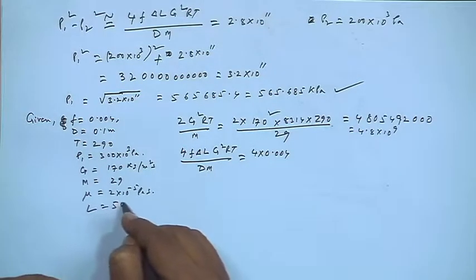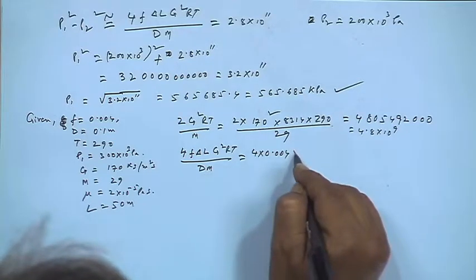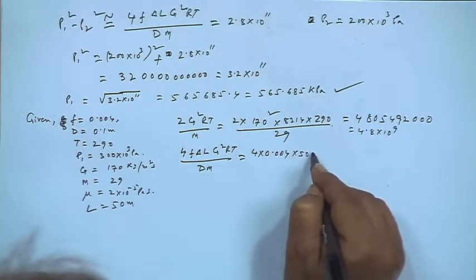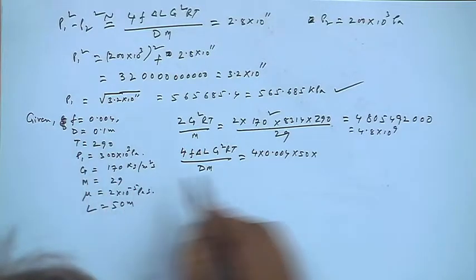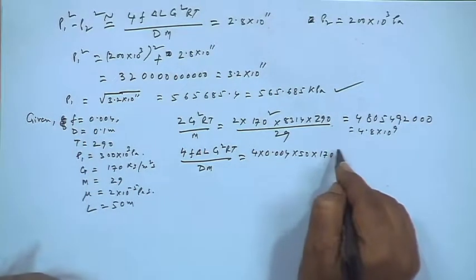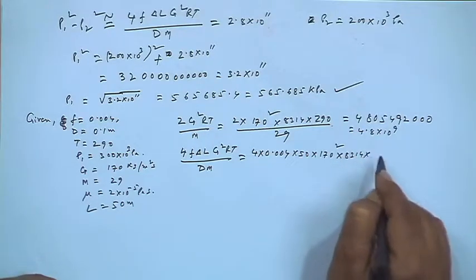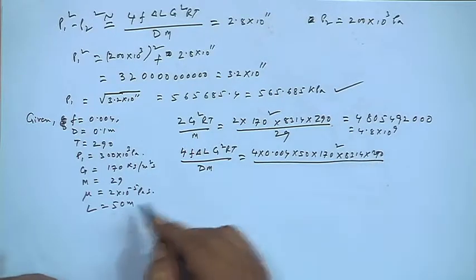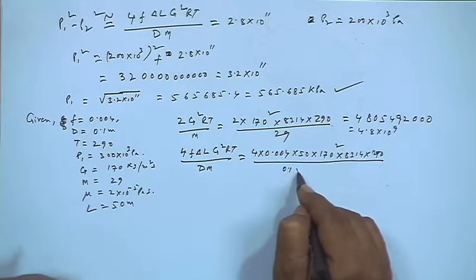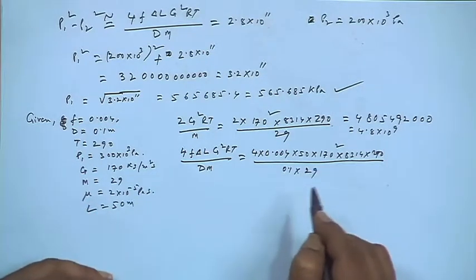So we can write 0.004 into 50 into G, which is 170, squared, R is 8314 into 290 divided by D, diameter 0.1, into M, molecular weight 29.